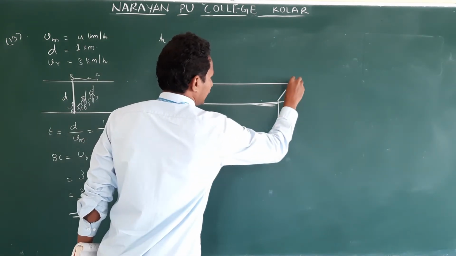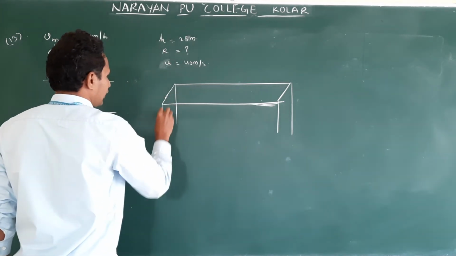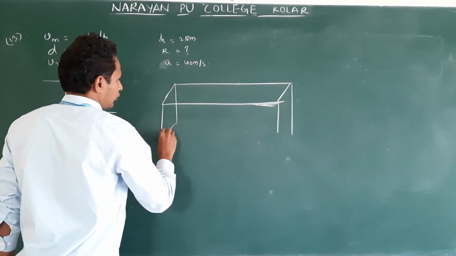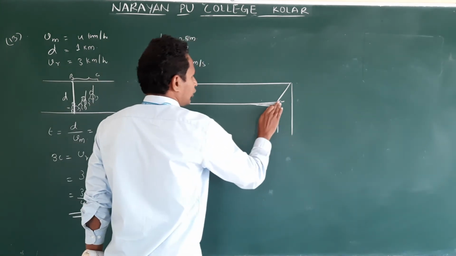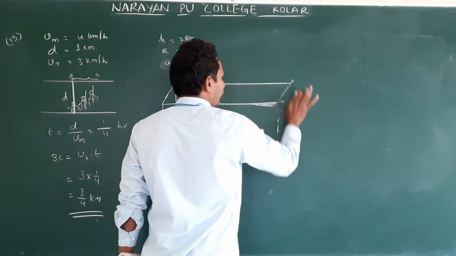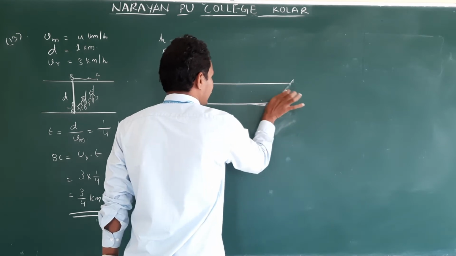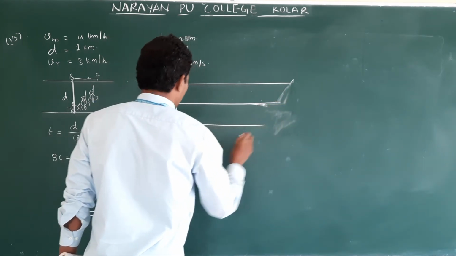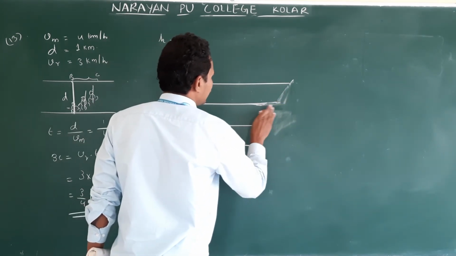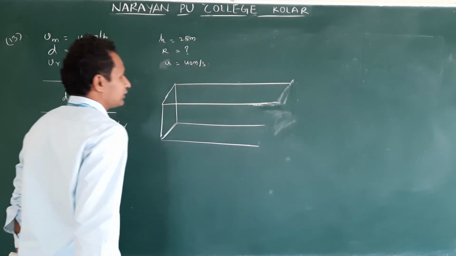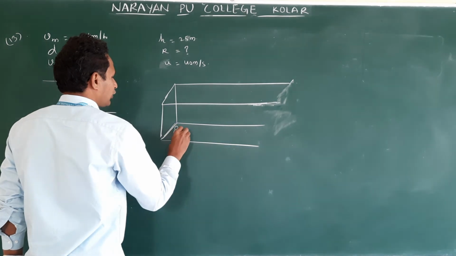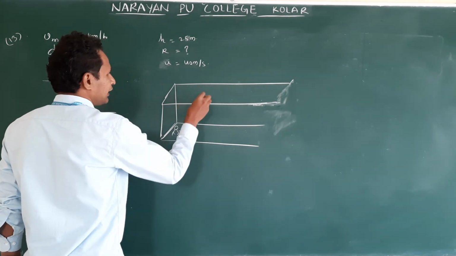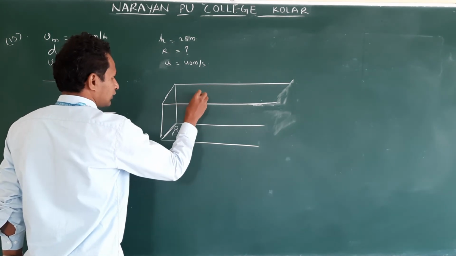Assume this is a hall. This is a hall. For this hall, the other side is open. I am not drawing any closed side. It's not a closed hall, it's one side open. Okay, like this. Now, a person throws a ball or object from here.